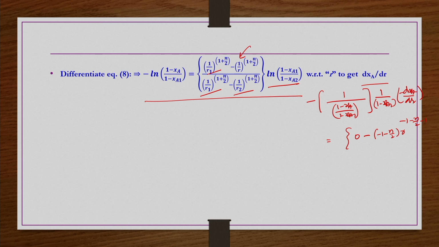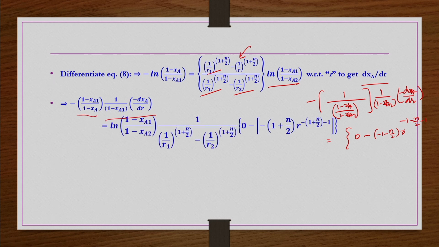Rest all other terms are constants on the right hand side. So, then we have on the right hand side this particular term as written here. 1 by ((1 - xA)/(1 - xA1)) I can write as (1 - xA1)/(1 - xA), and then the remaining two terms as they are. On the right hand side, this term is constant, the denominator is constant, and the numerator differentiation gives this expression, right.